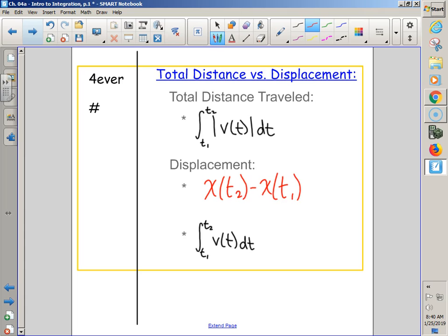That's the building of average velocity, change in position over change in time. Displacement is just a change in position, with positive and negative working against each other. It's the definite integral from t1 to t2 of velocity. For total distance traveled, I need speed. I need all those velocities to be positive so I can just add up all those changes.